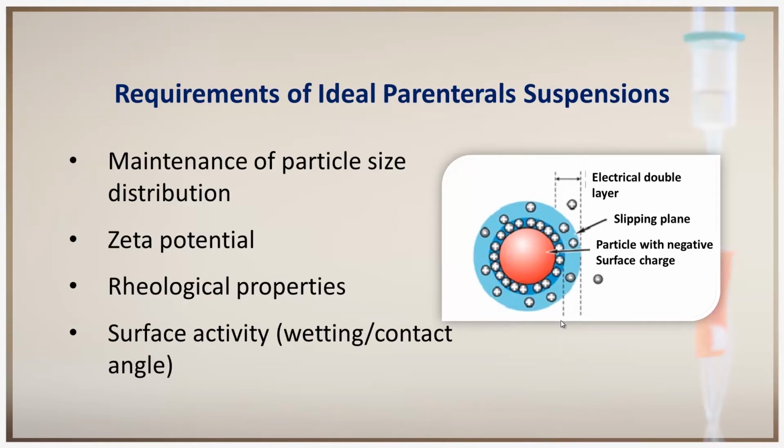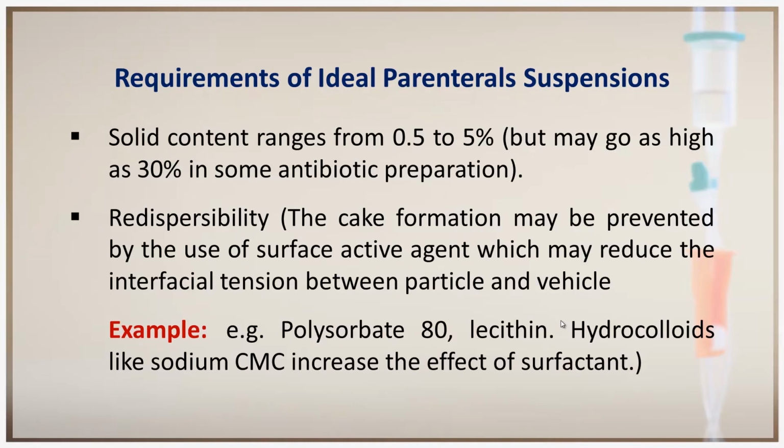Surface activity, wetting and contact angle are important properties of suspension, and the solid content ranges from 0.5 to 5%, and it may go as high as 30% in some cases of antibiotic preparations.